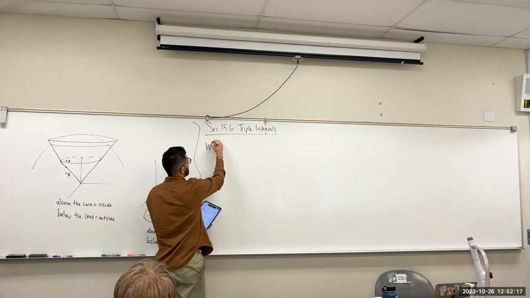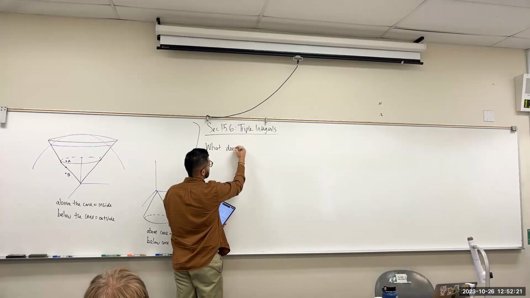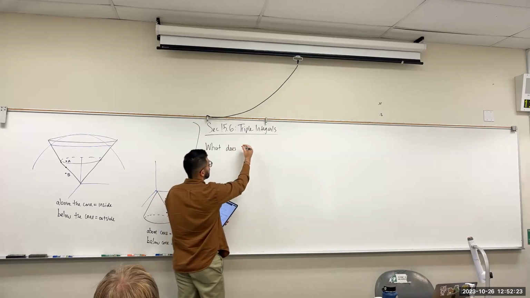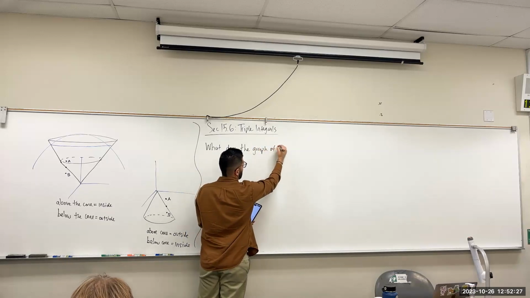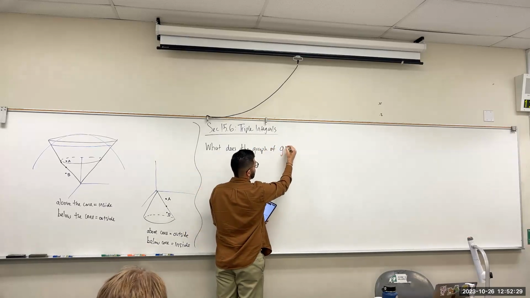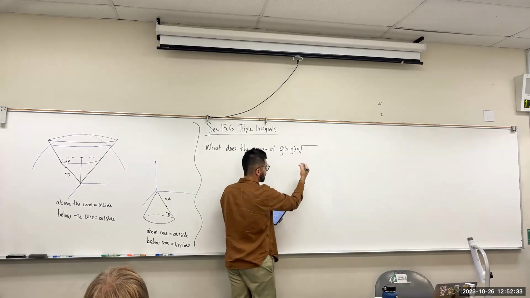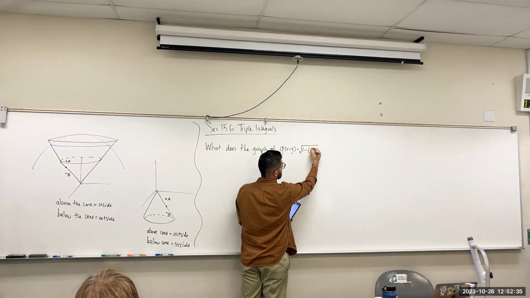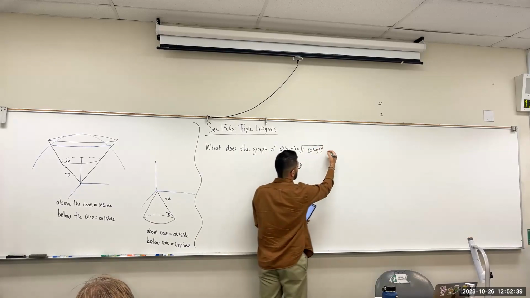So let's start by considering, we're not going to do integration just yet, what does the graph of g of x, y equals the square root of 1 minus (x squared plus y squared) look like?